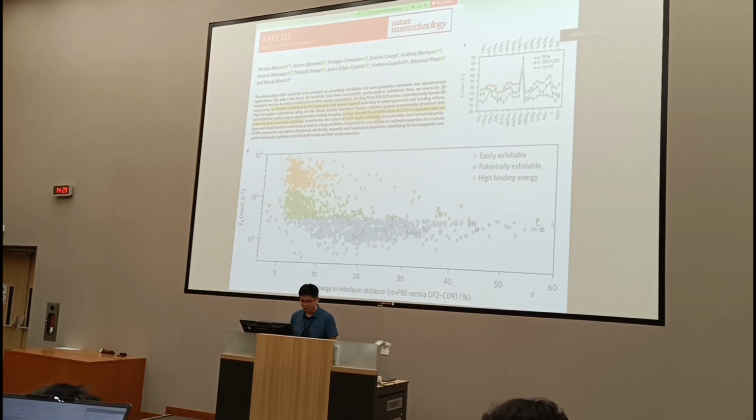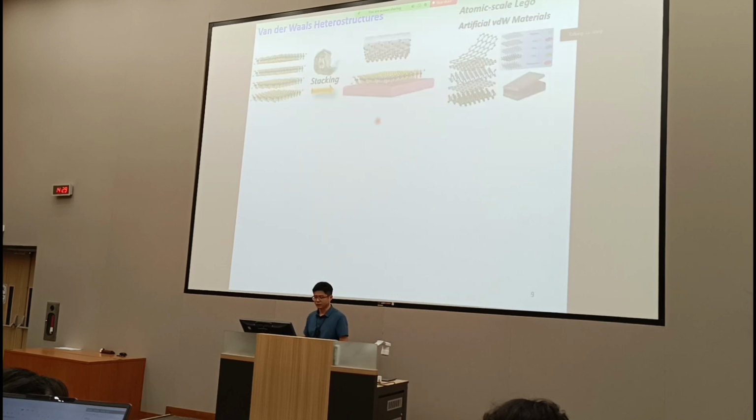Right. So this material library is actually very big, so you can combine them and create different kinds of artificial heterostructures. That is one of the powers of 2D materials. Starting from this Scotch tape, right, you can get a monolayer, right? You can win a Nobel Prize, right?